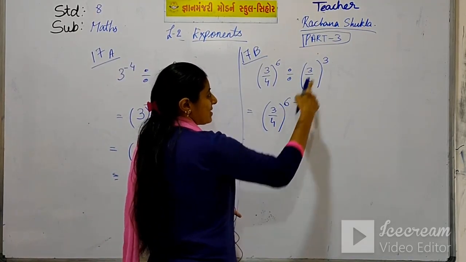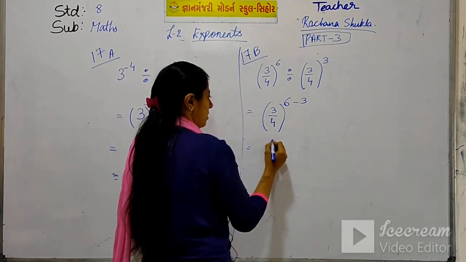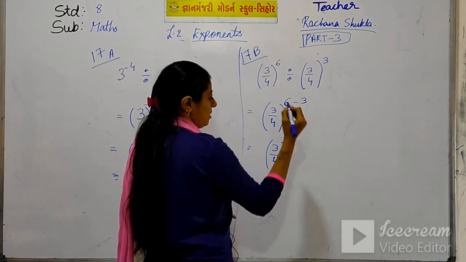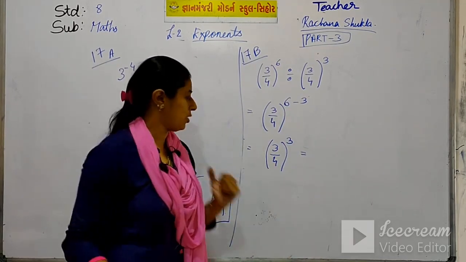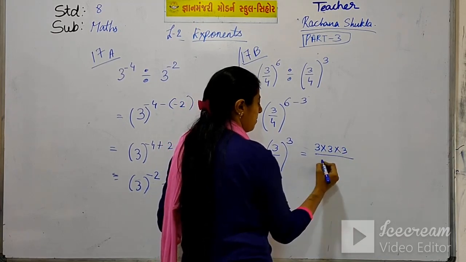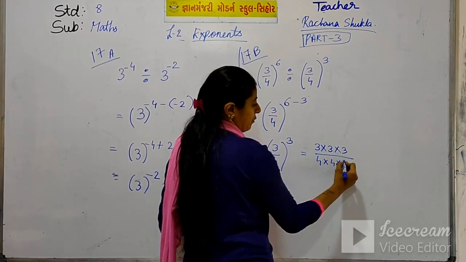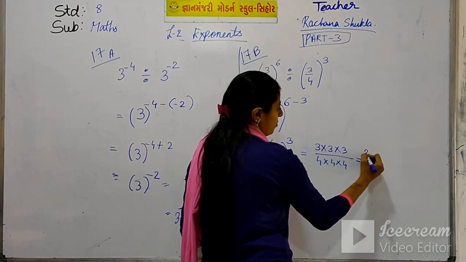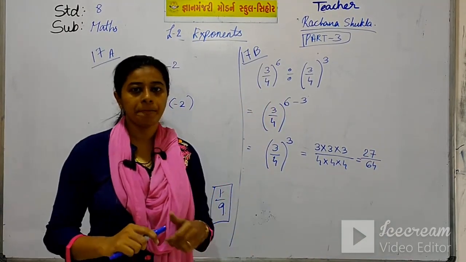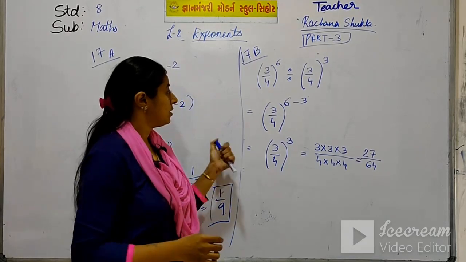Here it is a divide sign. 6 minus 3 will be 3. Now evaluate 3 into 3 into 3 upon 4 into 4 into 4. 3 cube is 27 and 4 cube is 64. This is your answer. Note down.